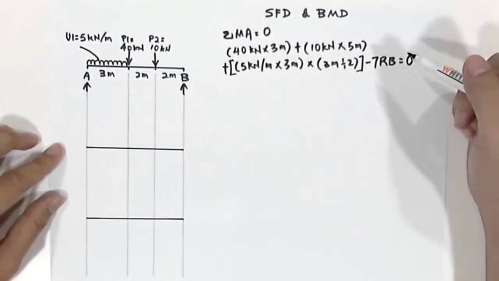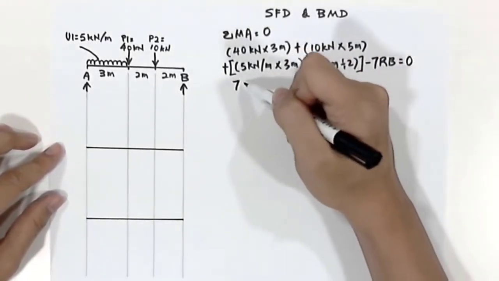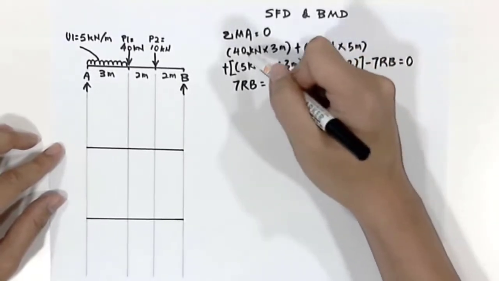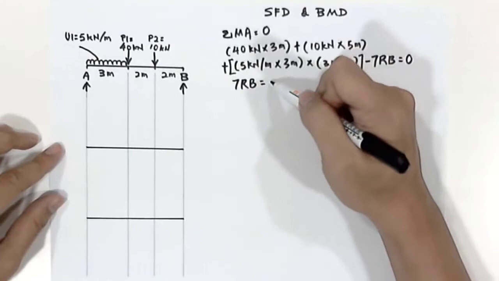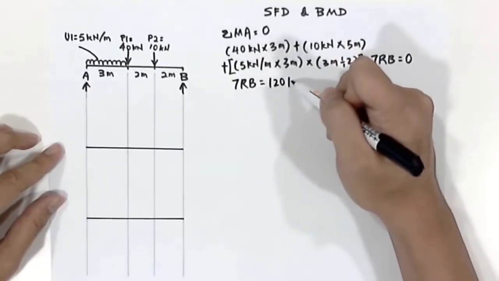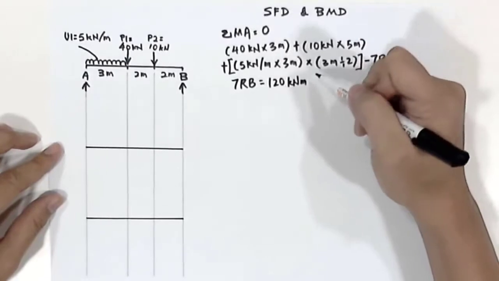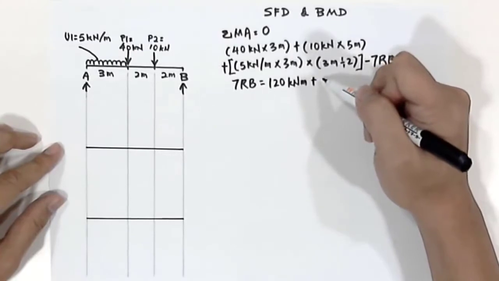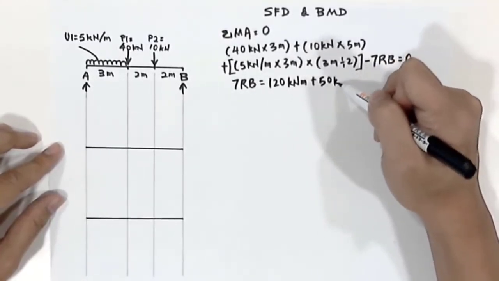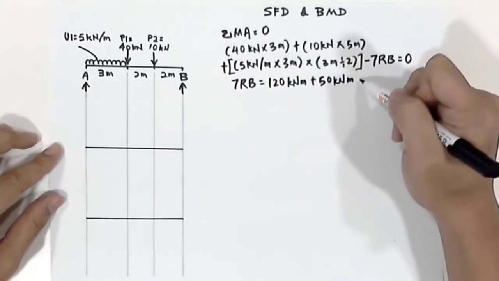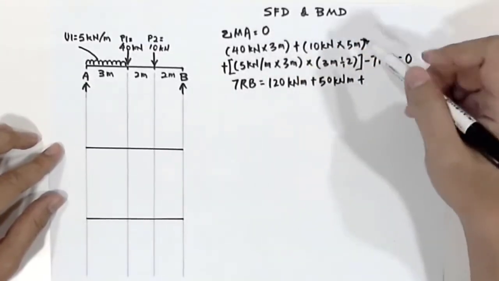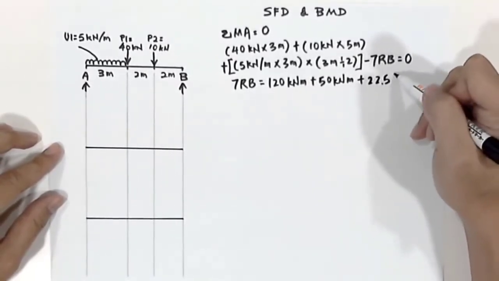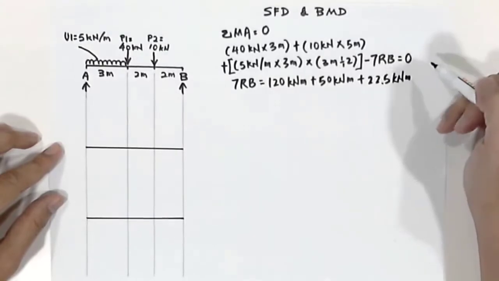So we rearrange the equation in a way that 7 RB equals 40 times 3, which is 120 kilonewton meter, plus 10 times 5 meter, which is 50 kilonewton meter, plus the uniform load moment. If you sum up all this, it will equal 192.5 kilonewton meter.